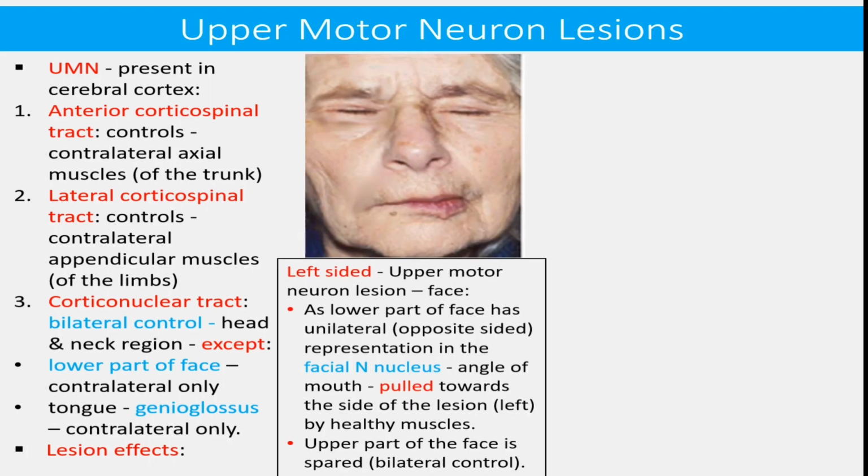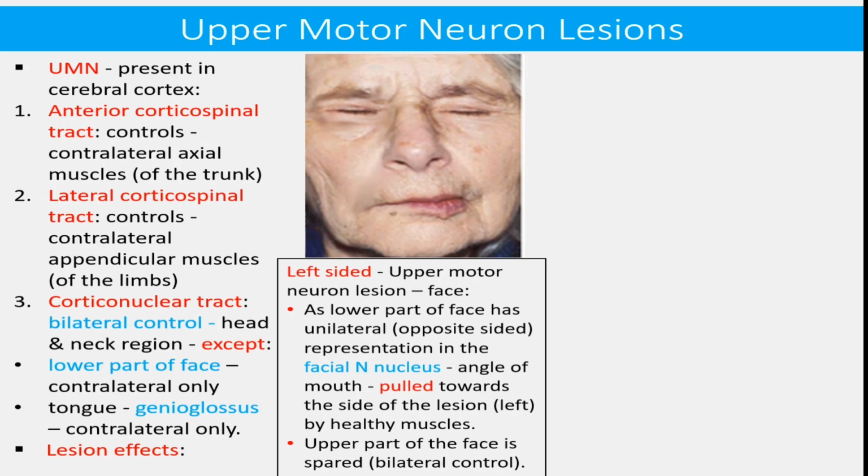First, the left-sided upper motor neuron lesion of the face. As the lower part of the face has unilateral opposite-sided representation in the facial nerve nucleus, hence in the case of a left-sided lesion, the right side of the face is affected, and the angle of the mouth is pulled towards the side of the lesion by the healthy muscles.